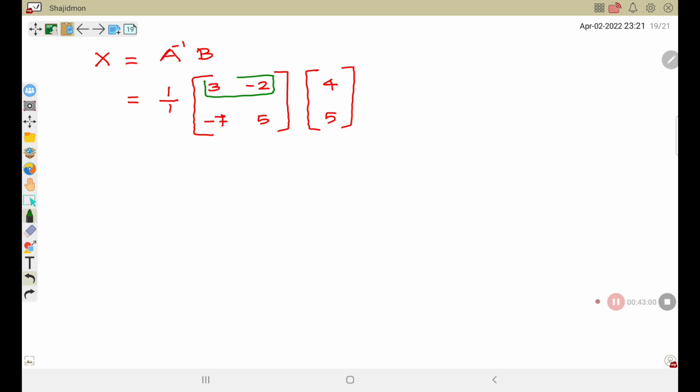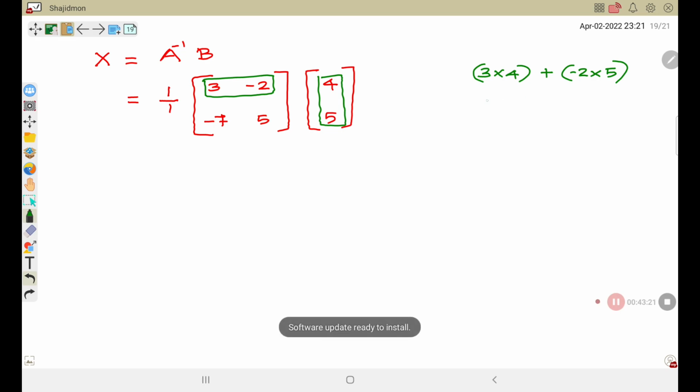First row multiplied with the first column, correct? So the first number 3 multiplied by 4 plus the second number minus 2 multiplied by 5: the first number with the first number plus the second number with the second number. So 12 plus minus 10 equals 2.